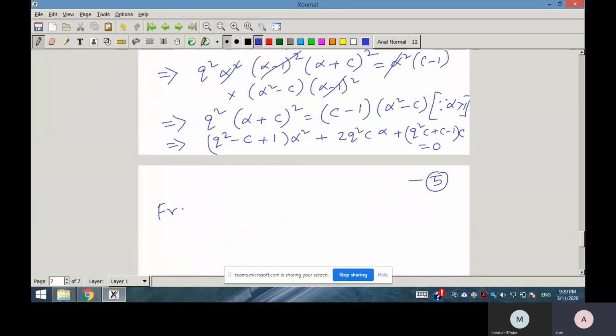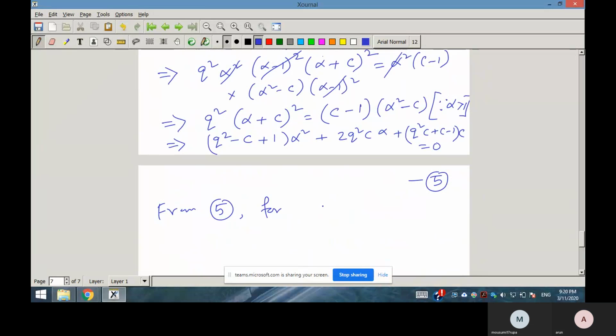From 5, if you compare this equation with the standard quadratic equation ax square plus bx plus c equal to 0, then for a positive solution, because alpha is anyway positive, what should be the condition for a positive solution to exist?